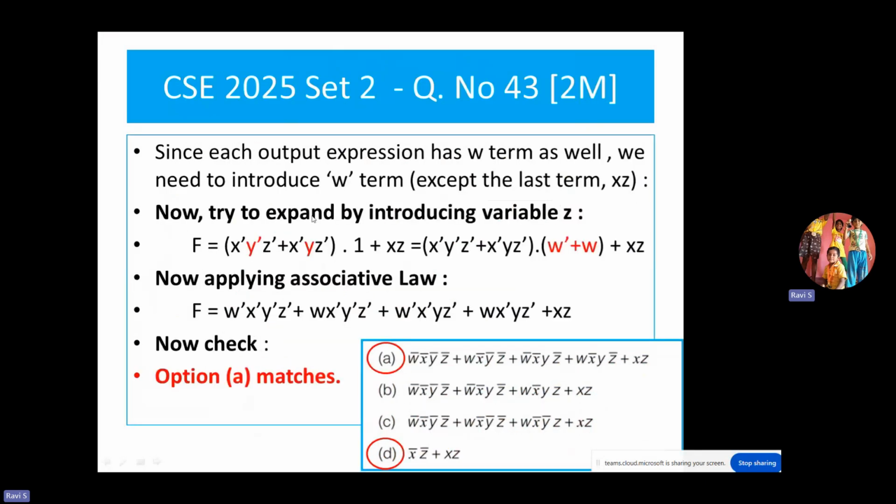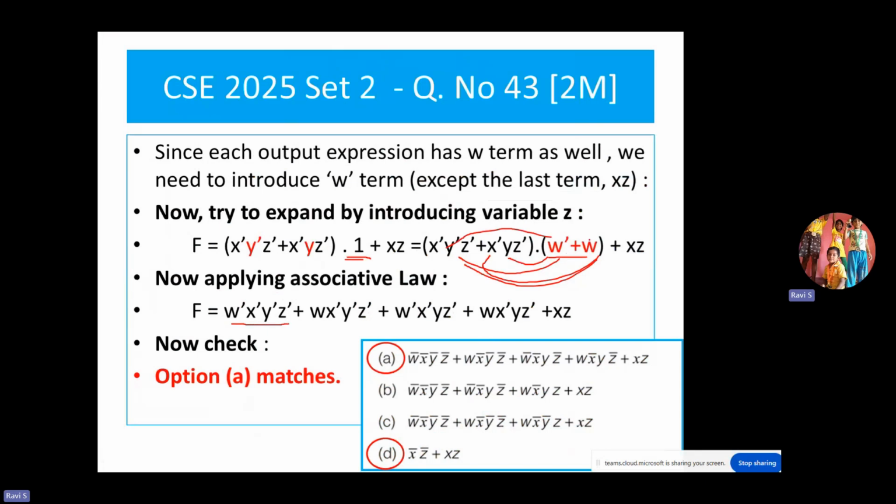Once again, we need to expand these terms by introducing 1. If we introduce 1 as a product term, then that may be expanded through w prime and w. If I expand here, w prime is introduced 2 times. Similarly, w gets introduced 2 times. So if I introduce w prime, it becomes w prime, x prime, y prime, z prime.